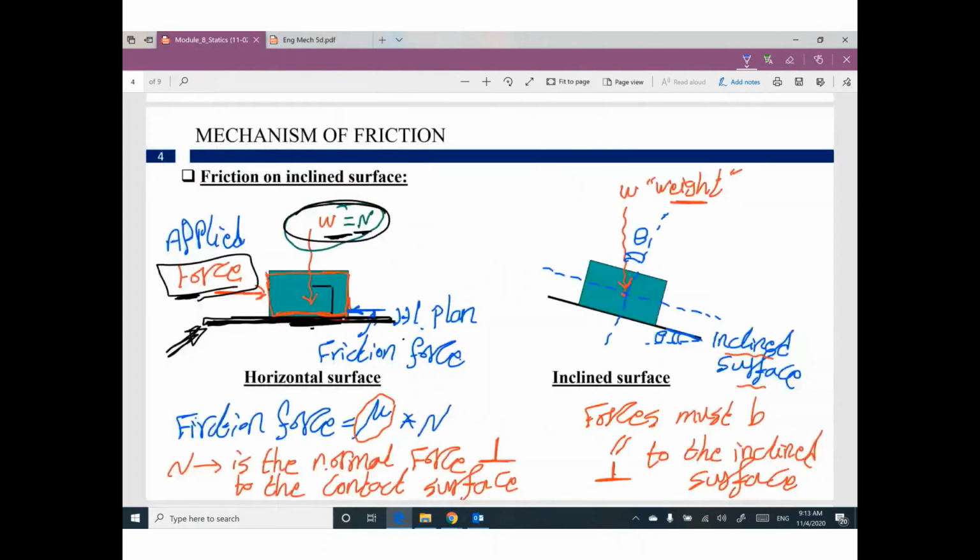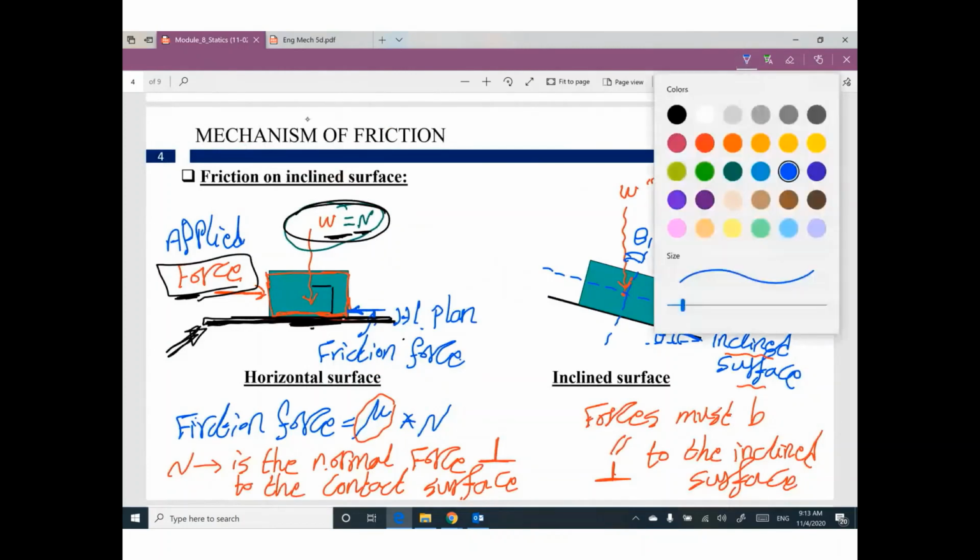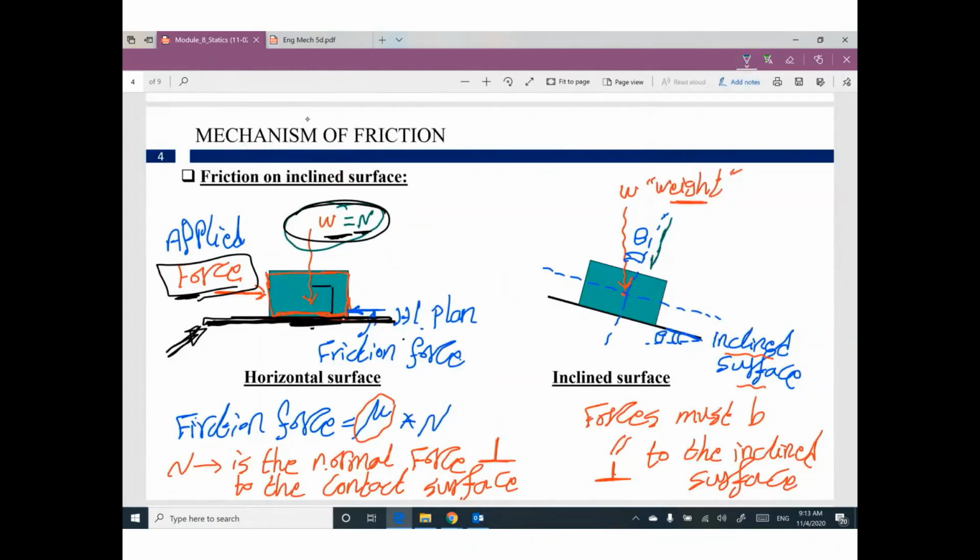So this component of the weight will be W cosine theta, and this component of the weight will be W sine theta. I have another question.